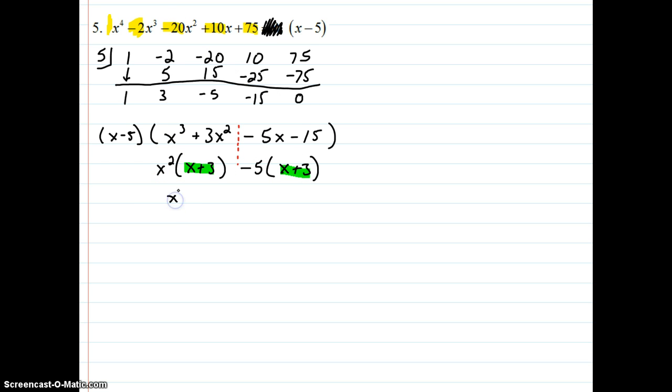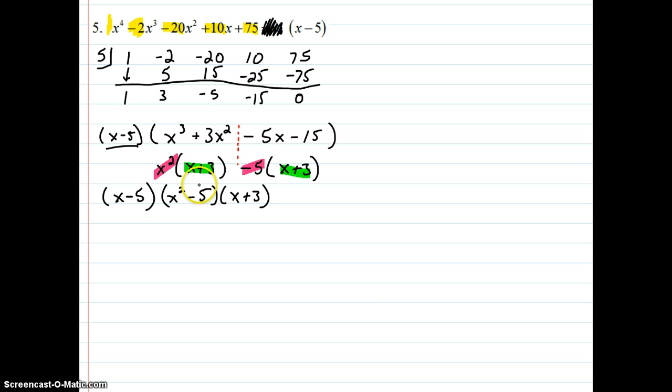And so now we get x squared minus 5. So we're taking the x squared and the minus 5 and grouping them together, and the x plus 3 we just write once. Now be careful, don't forget we had this x minus 5 up here, so you've got to bring that down also.